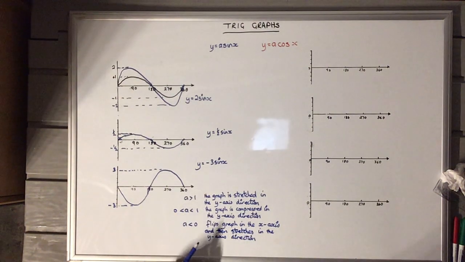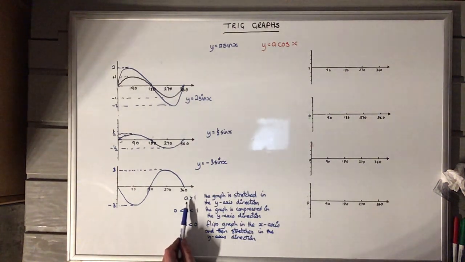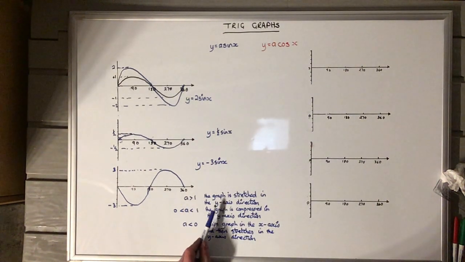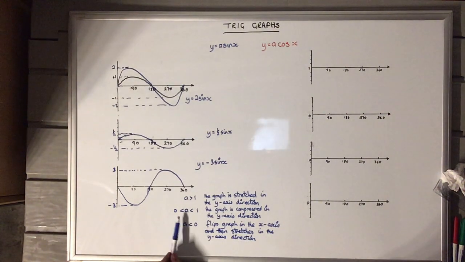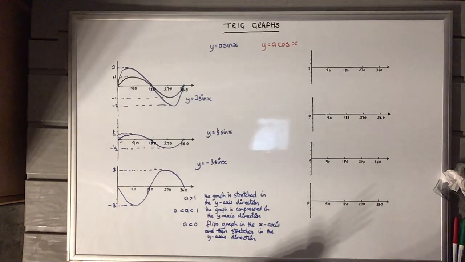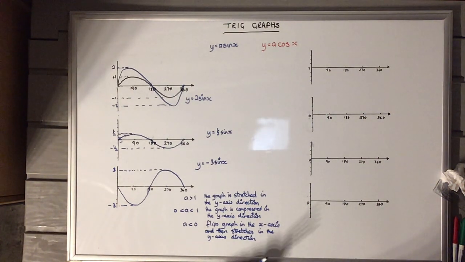And that's what you have to know. Okay, 3 things there that the A effect has to it. Now it can be any letter, but I've chosen A. A is very common, you'll see that in textbooks. So you need to learn that A greater than 1 stretches in the vertical direction, the y-axis direction. Between 0 and 1, it compresses it vertically.